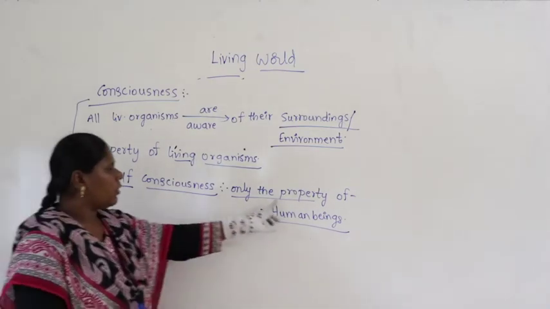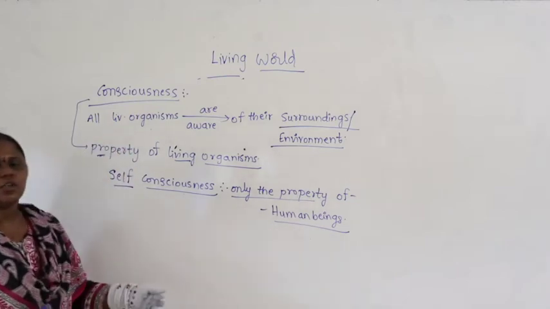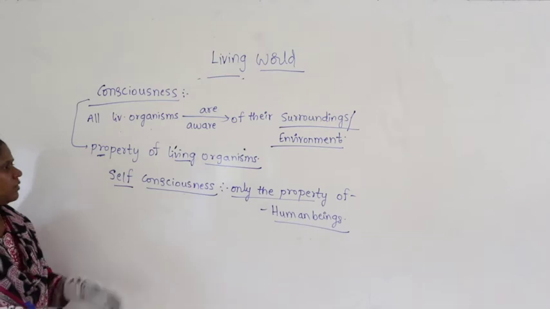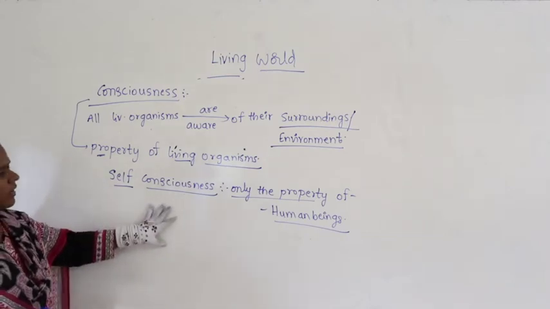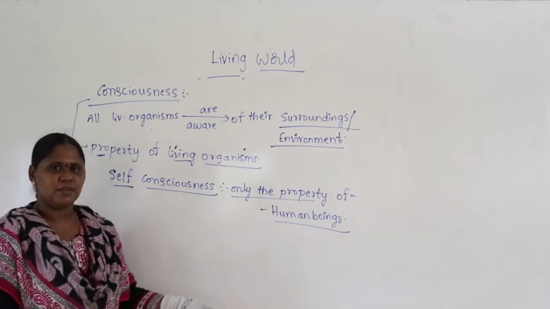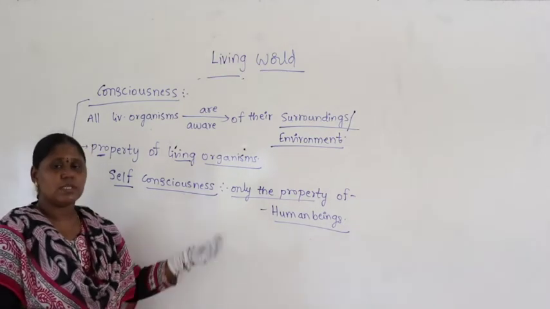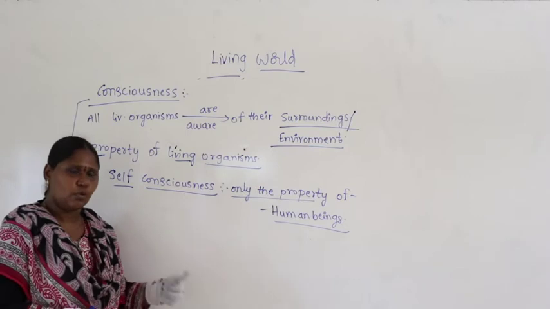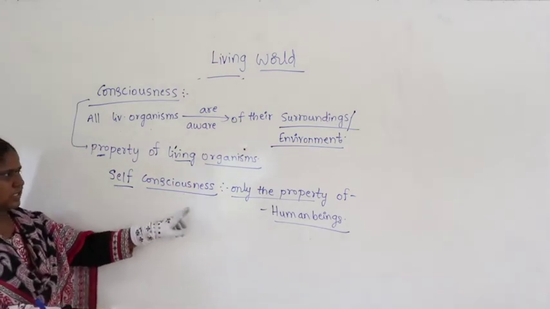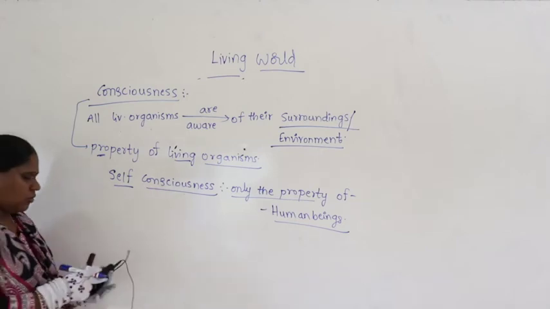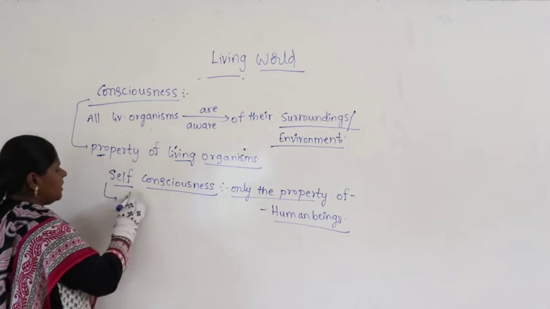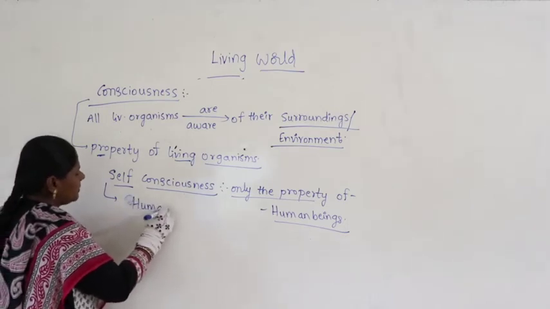It's only the property of human beings because human beings know what they are, with what they are made up of, with which organ they are made up of, and what's happening inside the human being. That's nothing but digestion, respiration. Human beings know themselves what's happening in their own body. That is nothing but we call self-consciousness. That means they know about themselves.